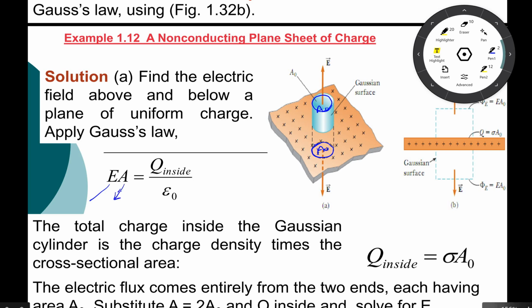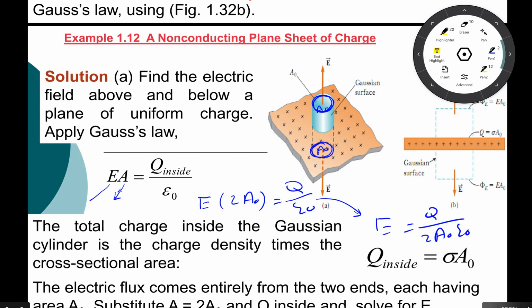Observe that we have two areas, the upper area and the lower area, so A null plus A null. So one can say E multiplied by 2 A null equals the Q inside the sheet over epsilon null. So E equals Q over 2 A null epsilon null.